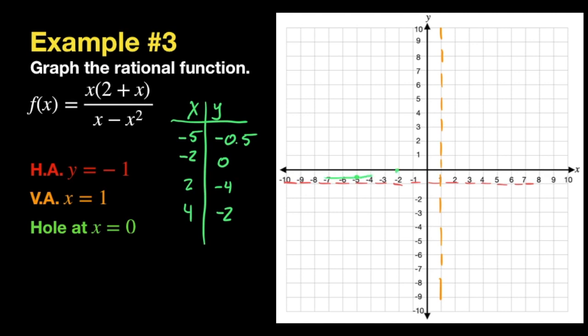So it looks something like this. Now, it tells you that there's a hole at 0. So at 0, make sure that you make a mark that there's a hole there. So we know that that value is not included.